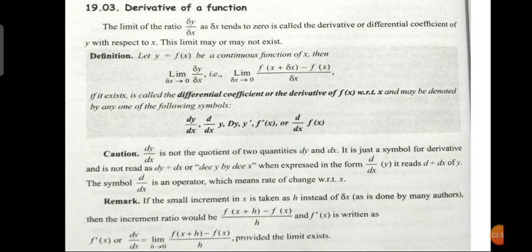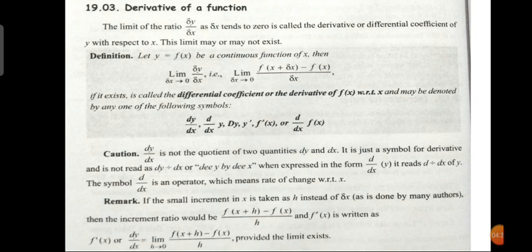You have studied limit functions in 10th standard, I think. As delta x approaches 0, the limit may or may not exist. If the limit exists, that is the derivative, which is the definition, and it is very important.